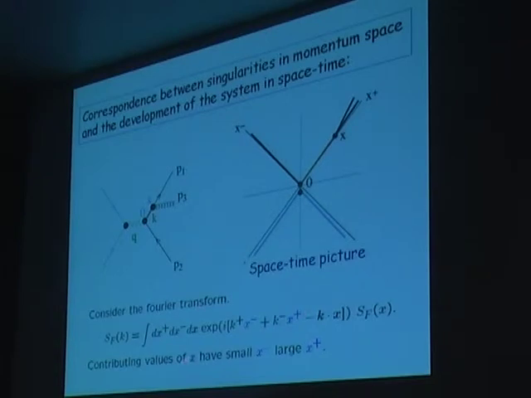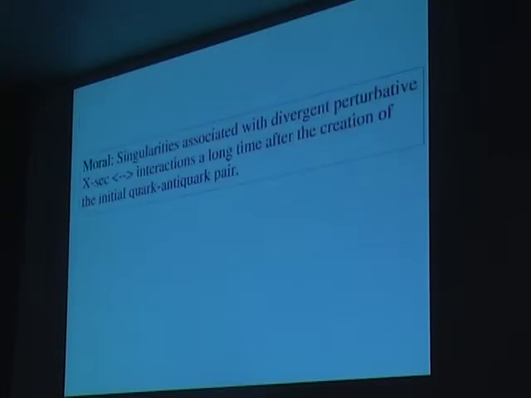The contributing values of x, as I already mentioned, correspond to k minus going to 0, which is very large x plus and very small x minus. So in other words, we are here. X minus going in this direction has to be very small, and x plus is large. This is then a typical space-time picture.